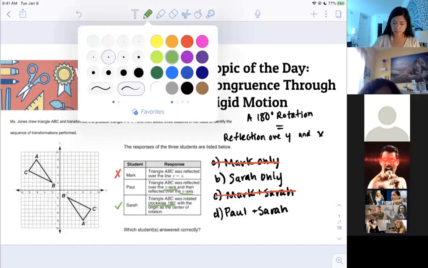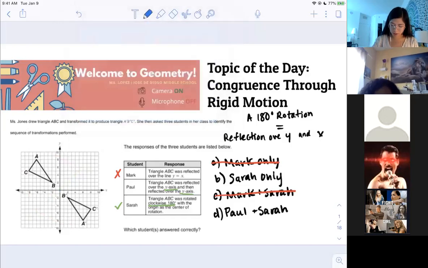So if the first thing I'm doing is reflecting over the x-axis, which quadrant will ABC end up in? Can you name the quadrants again? Sure. 1, 2, 3, and 4. Quadrant 3, exactly.